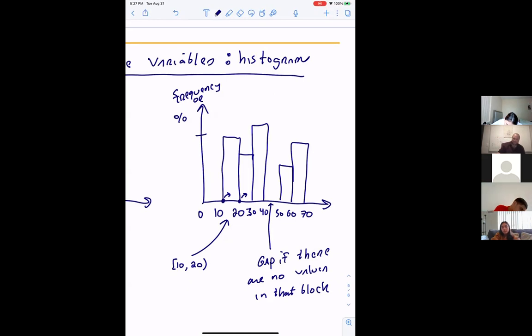If we actually landed on 20, we'd have to go in the next one. Or maybe it's the other way, and you want things to go to the left one. That's your choice, but you must be consistent across the entire histogram. Does that make sense?